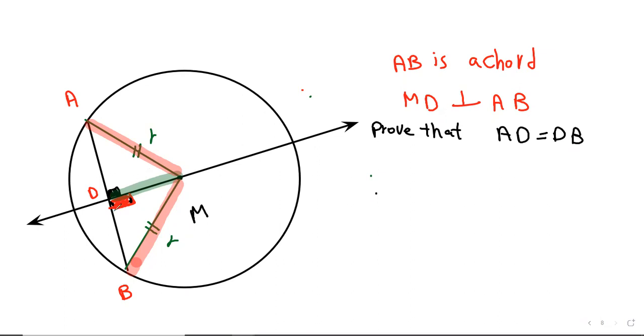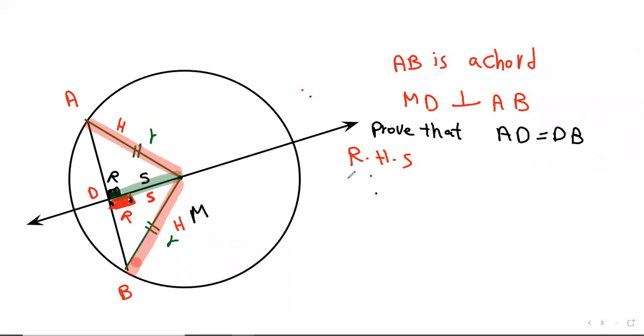This angle is right in this triangle, and this angle is right too. And we have a common side, so it's the same side. So we have RHS. That leads to two congruent triangles.